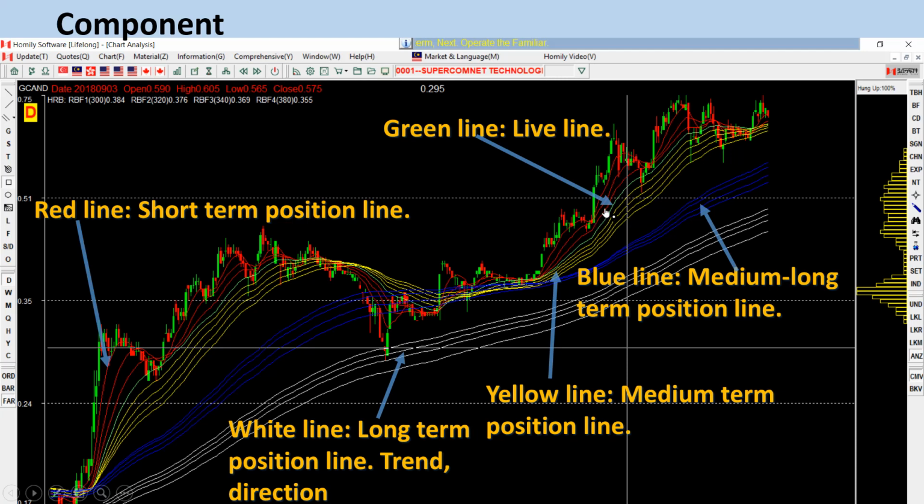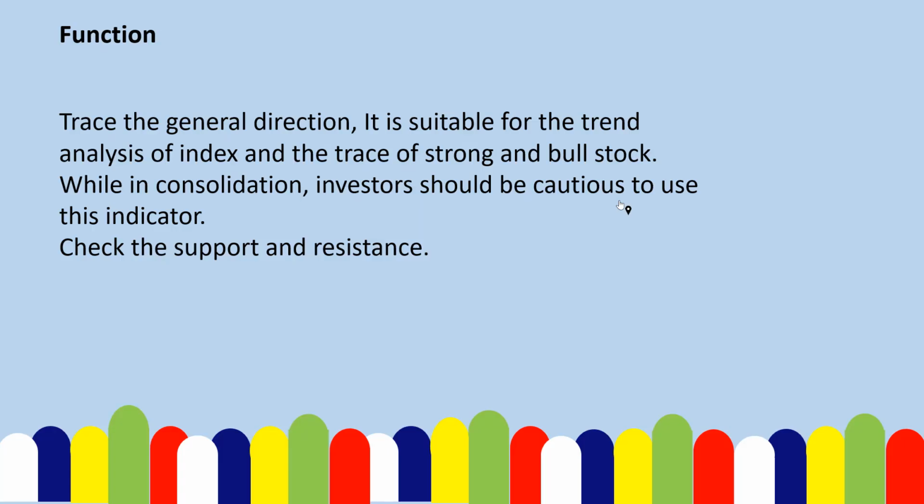Between the yellow line and the red line, we can see the green line. The green line is the lifeline. We can also call it an assist line. It can help us to check the buy point and the sell point for the short-term trader. Later we will check about this.